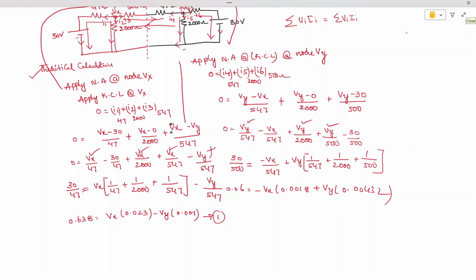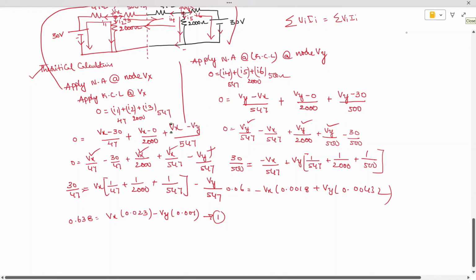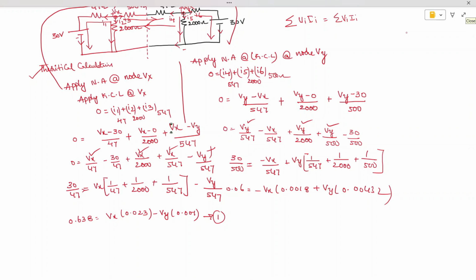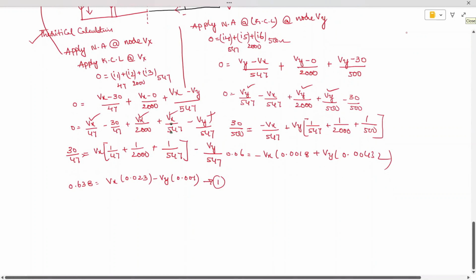Okay, so this is what we are going to get. So when you use your calculator, solve this equation 1 and equation 2.